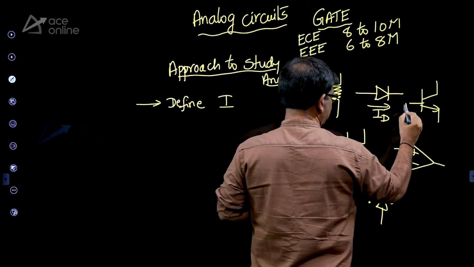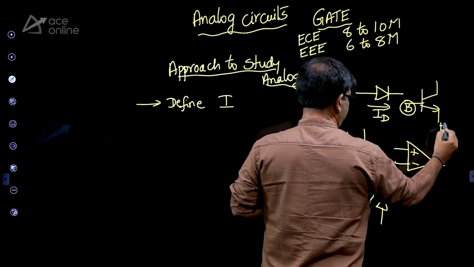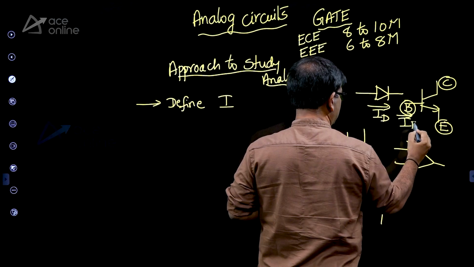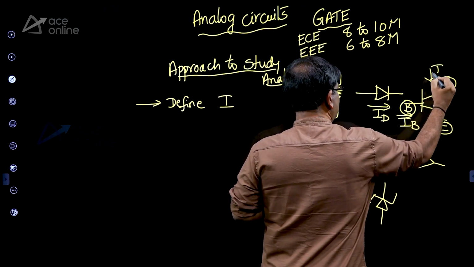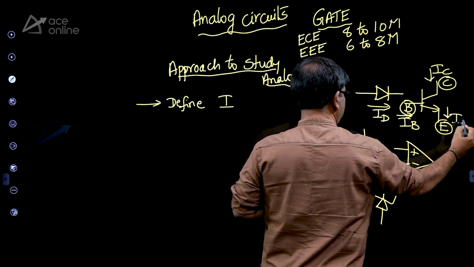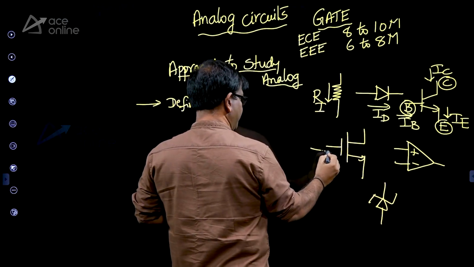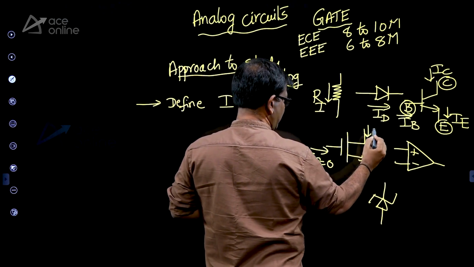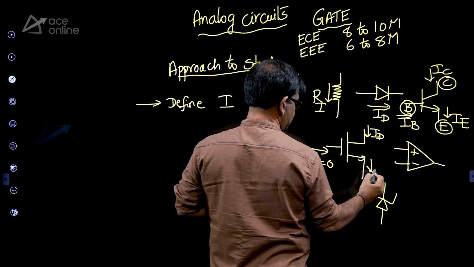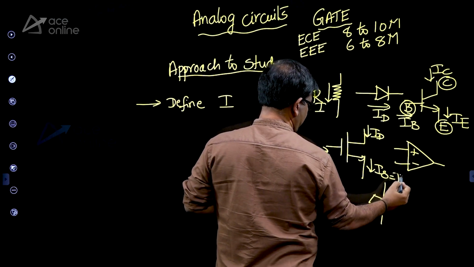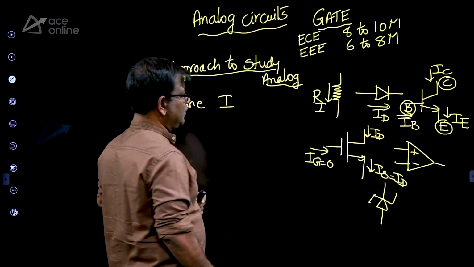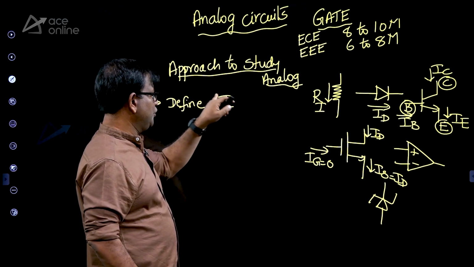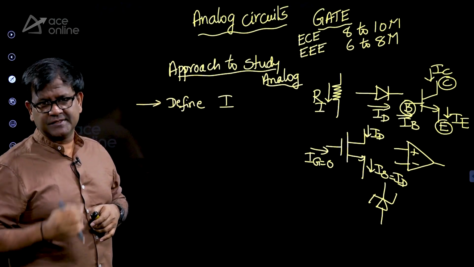And in a BJT, you have 3 terminals. So you can define something called I1 or IB, I2, IC, IE. In a MOSFET, you have IG, and mostly IG is 0. So you have ID and IS. If IG is 0, ID is same as IS. So you can allot a unique value of current to every device.